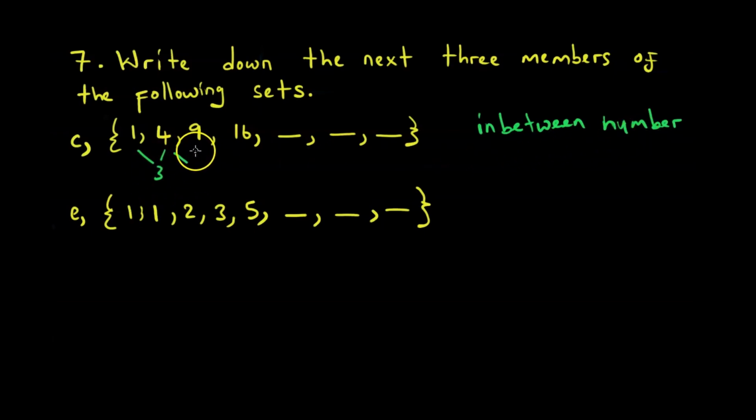We can come here and say 9 minus 4 we get 5, of which 4 plus 5 gives us 9. We do the same again, we say 16 minus 9 we get 7, of which 9 plus 7 gives us 16. So we have 3 in-between numbers. With those 3, we can determine the relationship between those numbers. 3, 5, 7.